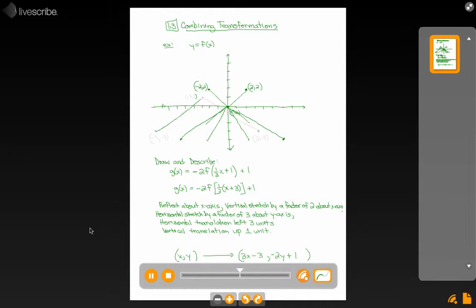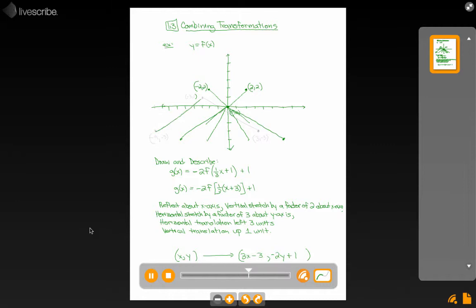So if I can perform this transformation on every point, I could do this in one step, or I might want to do these in multiple steps. So to reflect about the x-axis is going to turn this graph upside down, looking something roughly like that. To vertically stretch by a factor of 2 is going to multiply my y-coordinates by 2, so they'll now go something roughly like this.